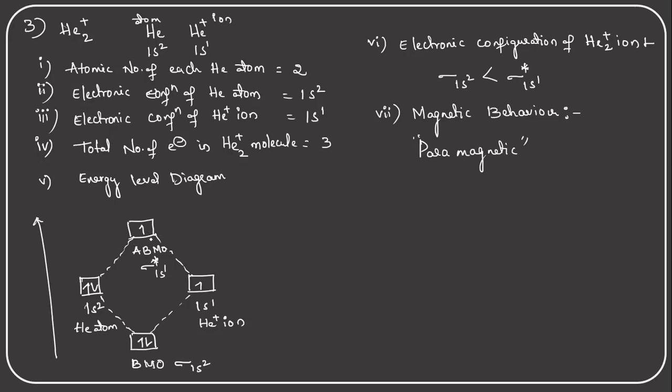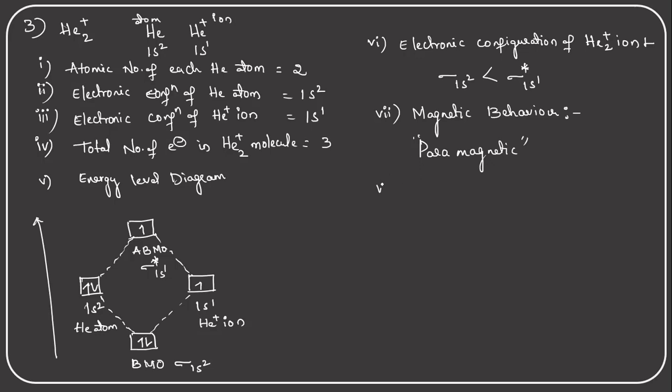Here we have to look only at the molecular orbitals, and if any unpaired electron is there in the molecular orbitals, either in a bonding molecular orbital or an anti-bonding molecular orbital, that compound will be a paramagnetic compound or paramagnetic substance.